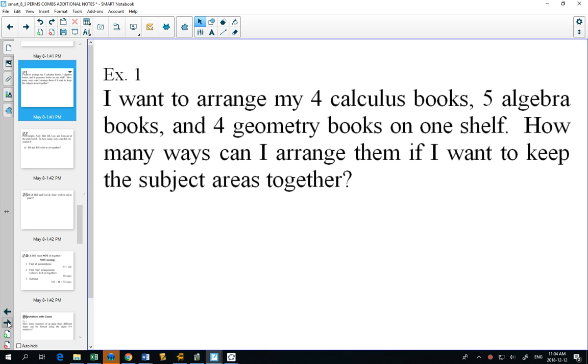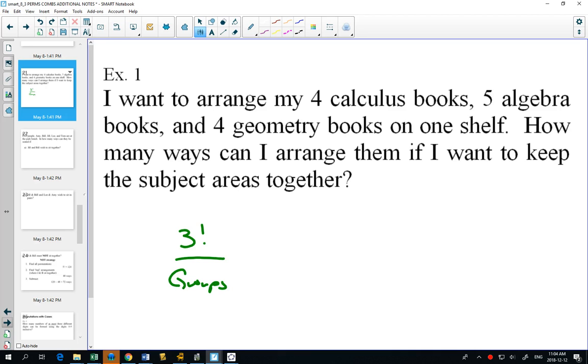So I have to first make the decision how I'm going to arrange it. Calculus first or algebra first. And so my first decision is how many groups do I have? I have 3 groups. I can arrange those groups in 3 factorial ways.